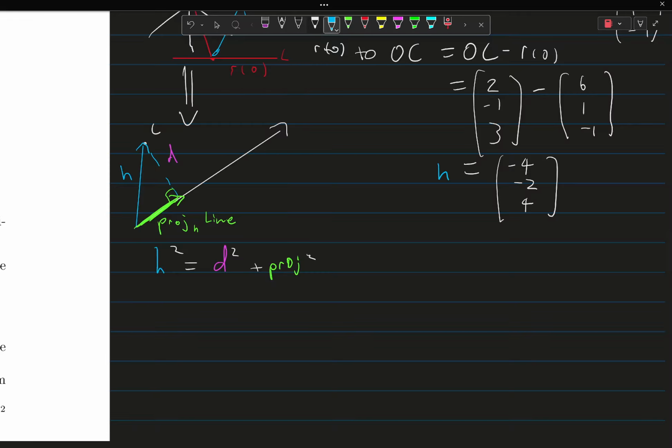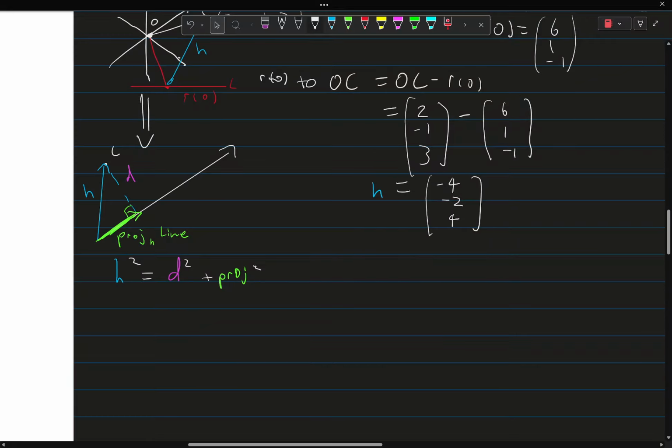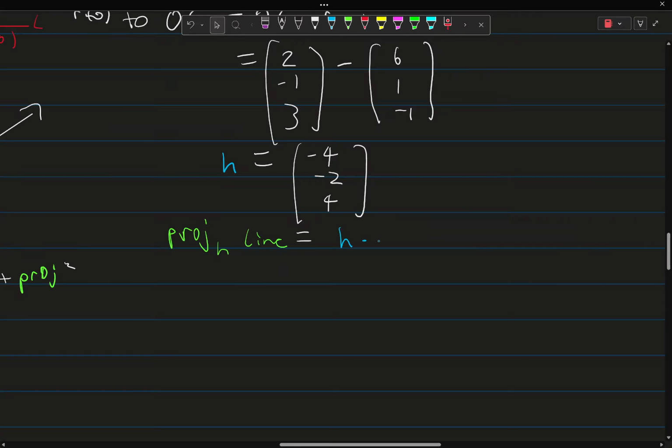So we have h, now we need to project h onto the line. The projection of h onto the line is equal to h dot the line's direction, divided by the magnitude of the line direction.